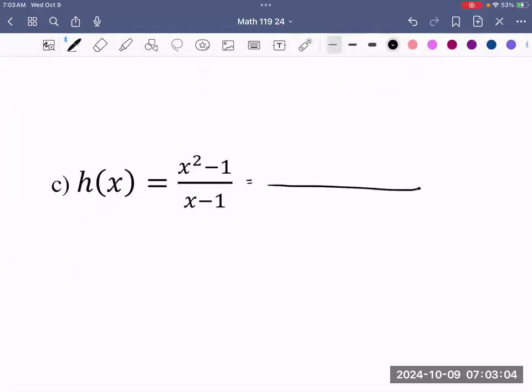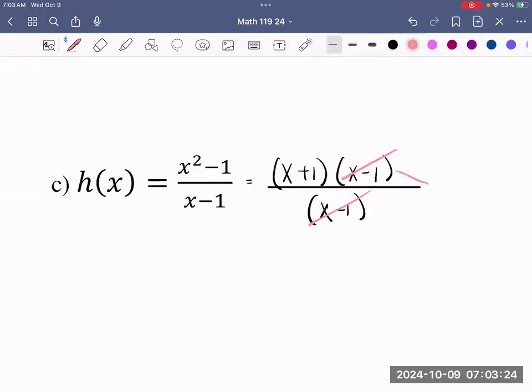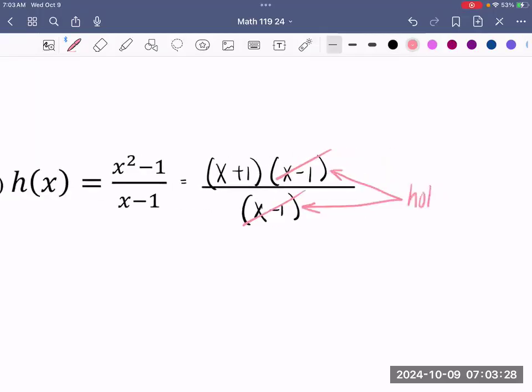Well, your numerator here is x plus 1 and x minus 1. And you have an x minus 1 down below. So what is going to happen next? Well, because these cancel, what have you made because you've canceled it? Well, you've made a hole in your graph.